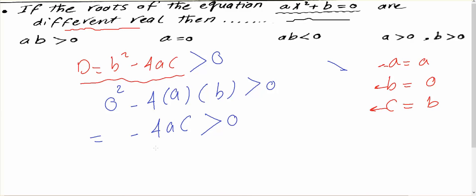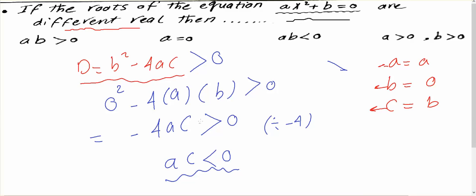We can divide by negative 4. If you divide by a negative, you change the direction of the sign. It will be smaller than 0. Here, ac smaller than 0.